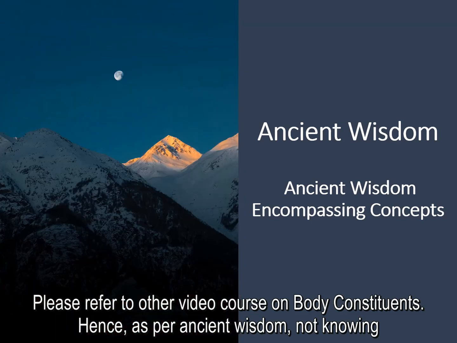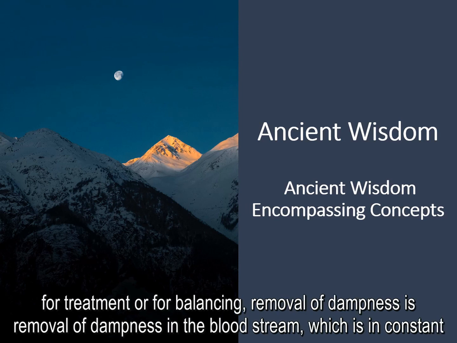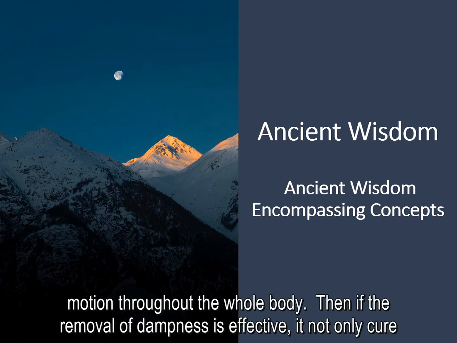Hence, as per ancient wisdom, not knowing what uric acid is, they recognize dampness as one condition for the formation of gout attack. Hence, for treatment or for balancing, removal of dampness is removal of dampness in the bloodstream, which is in constant motion throughout the whole body.